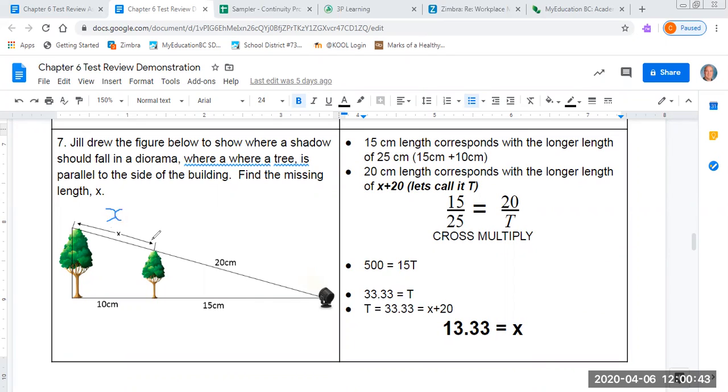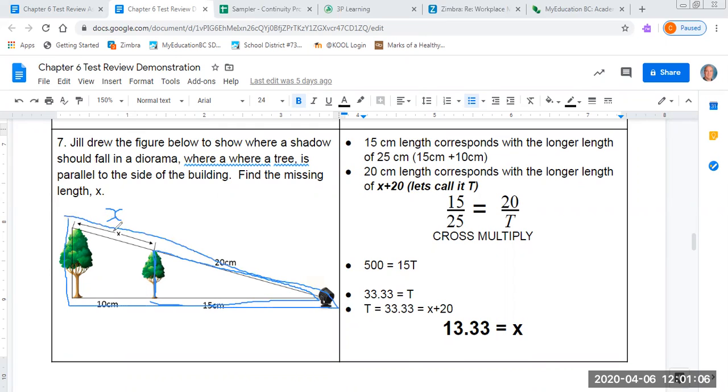In essence, what we have here is two different triangles being created. We have the shorter, smaller triangle, which I'll just draw in here, and then we have, and I'm going to make it a little bigger so it's obvious, the longer triangle.